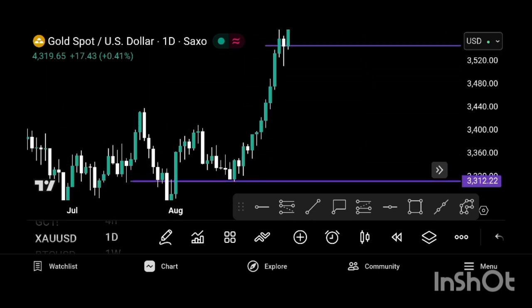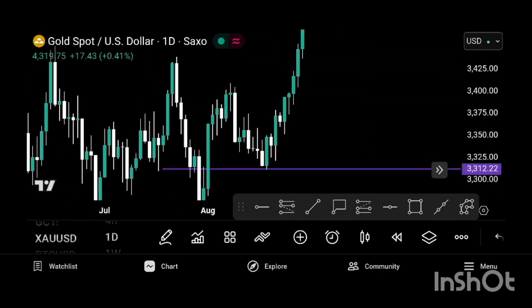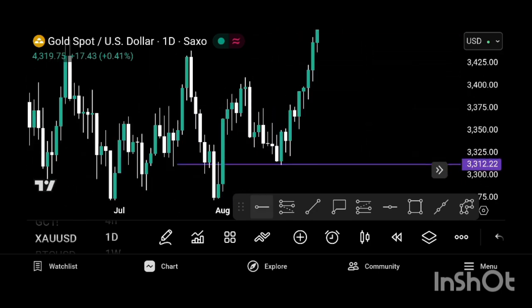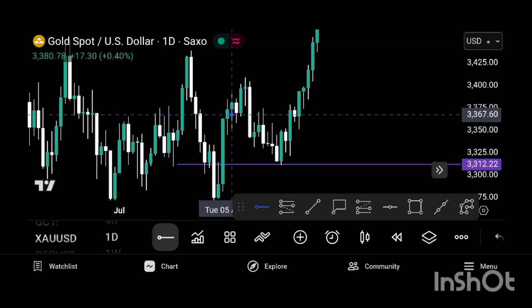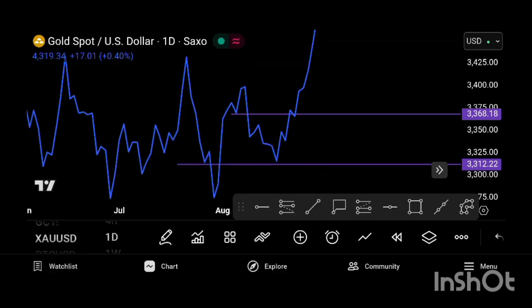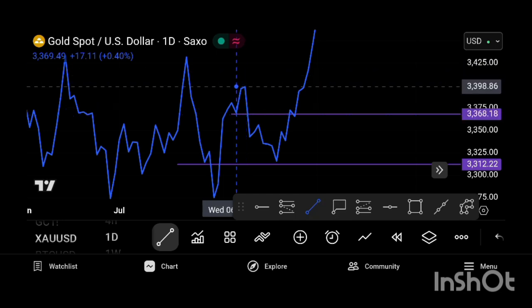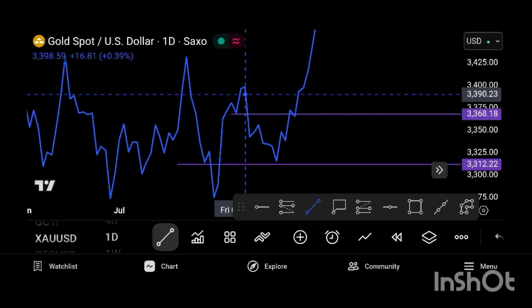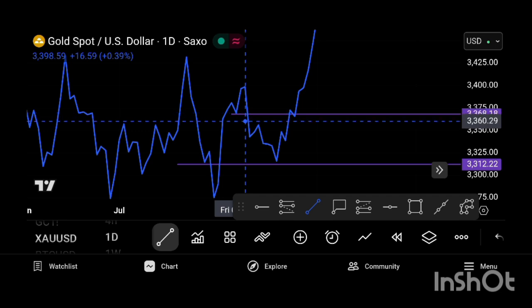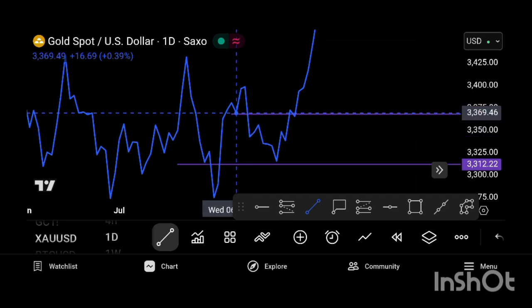So we have an example here. I've seen an example. This place, you can see that this is a support. Remember, we say support is what? V. Don't forget that. Support is V. So this is V. You have your V, which is support. But what happened? Price broke it. So this is support breaks.